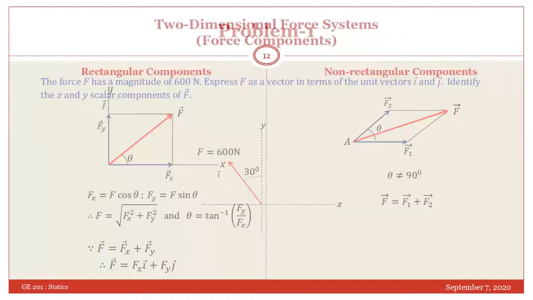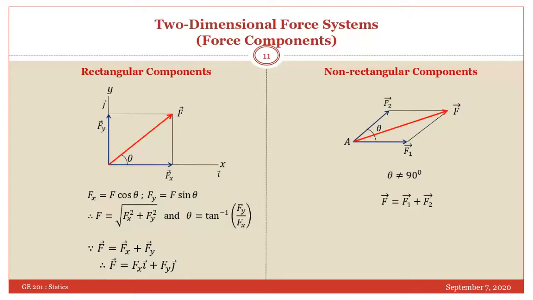Now we come to the components. This also I have already discussed in the vector topic. So if this is the force and these two are its horizontal and vertical components, such that the resultant of these two will be this one by parallelogram, because we draw a line parallel to this, a line parallel to this. So the diagonal will represent the resultant.